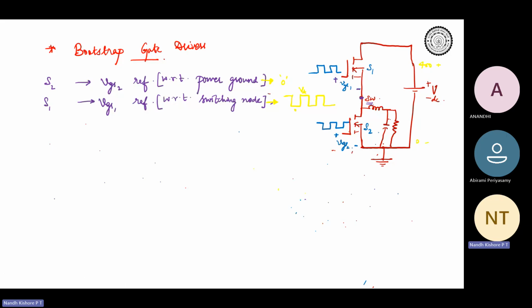So your switching node itself is varying. It can be either 400 or 0, I mean, either your VDC or 0. That is the idea. So in that case, can we directly give it from a microcontroller? Is it possible to directly give it from a microcontroller?